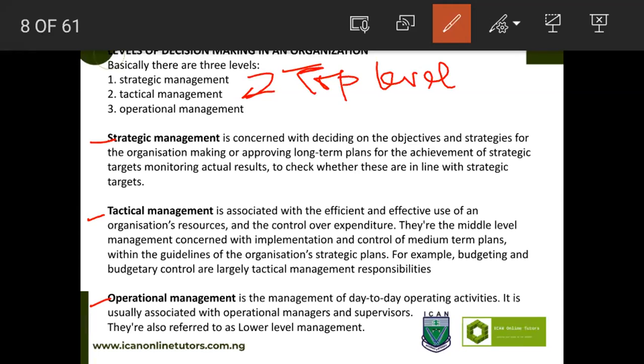They are the ones that make decisions. They plan on the objective of the company. They forecast the process of the company and communicate it to the tactical management.